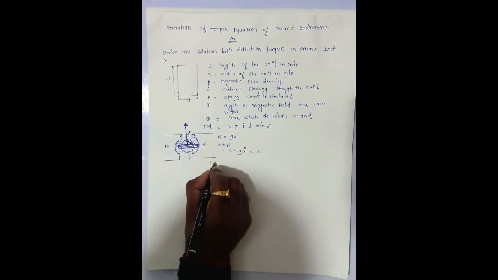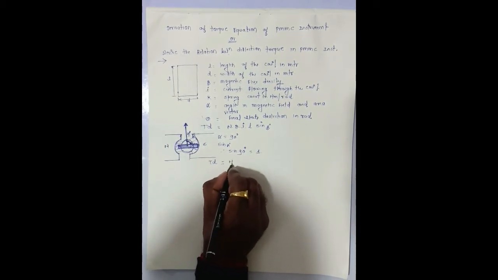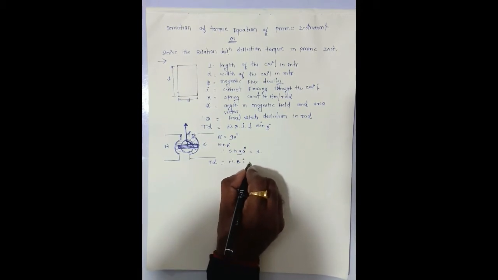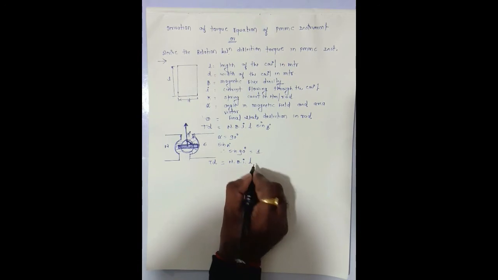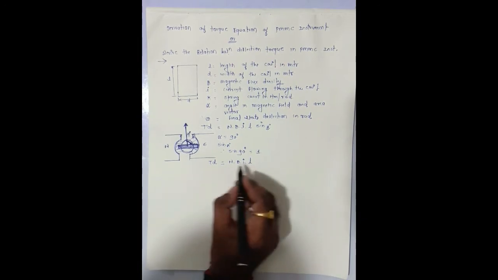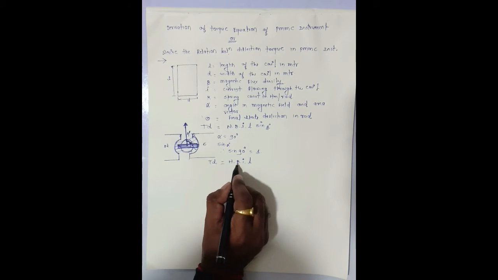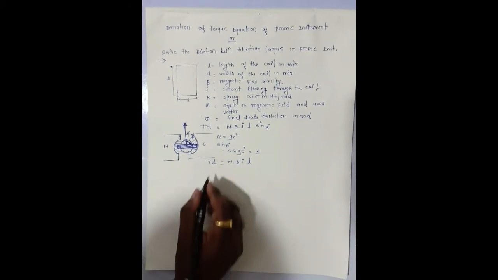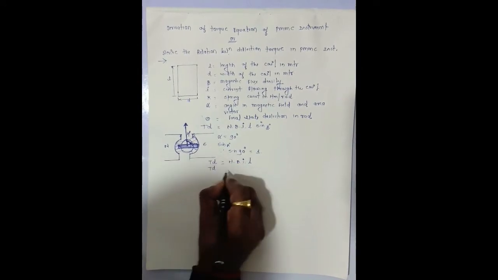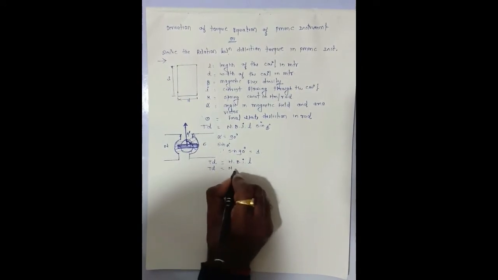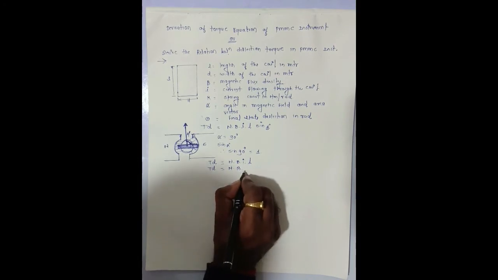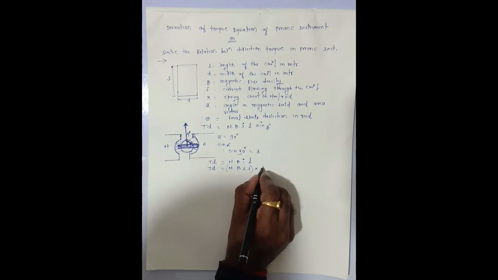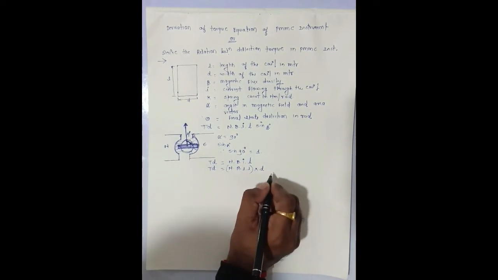Therefore TD is equal to the number of turns into the magnetic flux density into the current flowing through the coil, and L is the length of the coil. So TD is equal to N into B into I into L into D, where D is the width of the coil in meters.